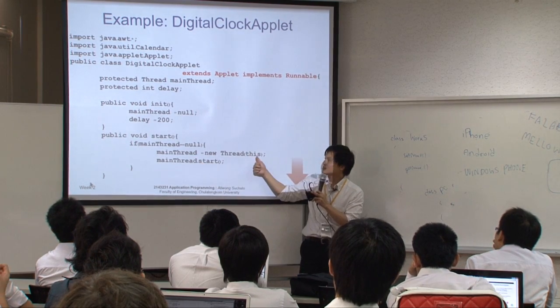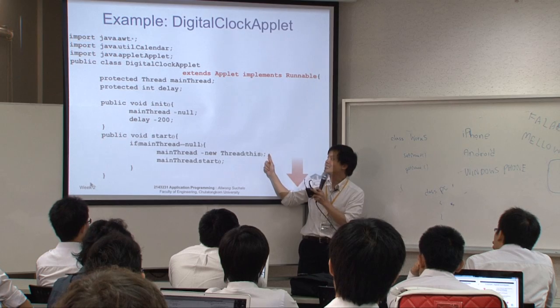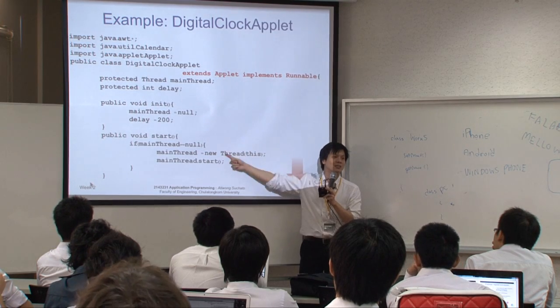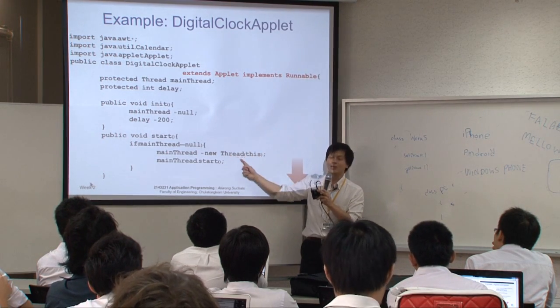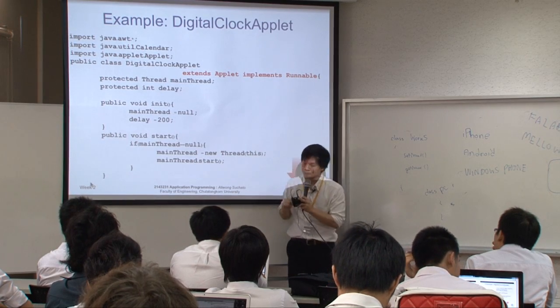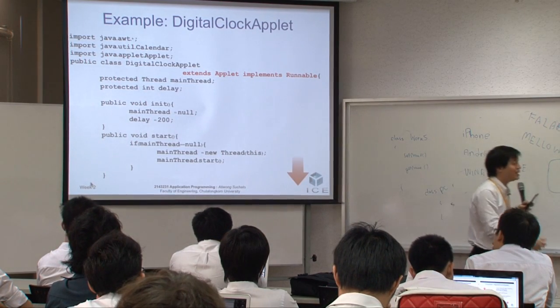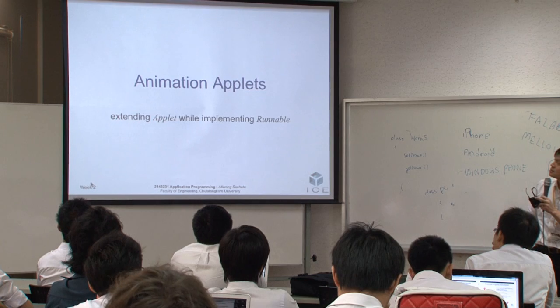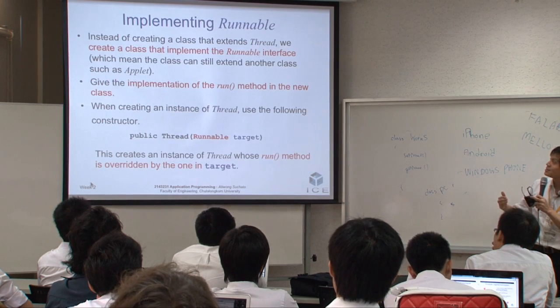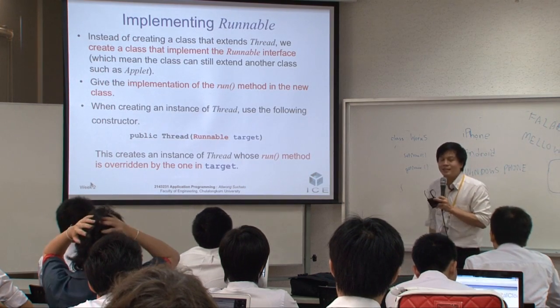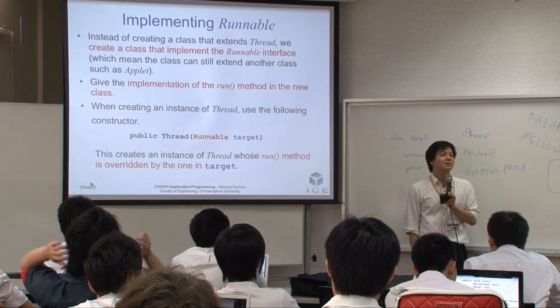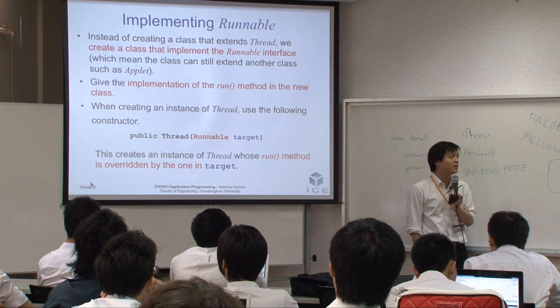Then what we need to figure out is the meaning of this constructor. Could you please go back a bit, one slide? Another slide. Yeah. Okay. That is a constructor that can play a significant role in this case.